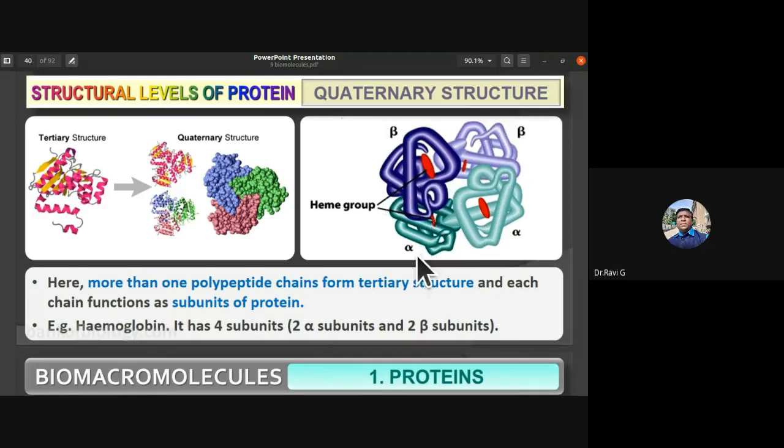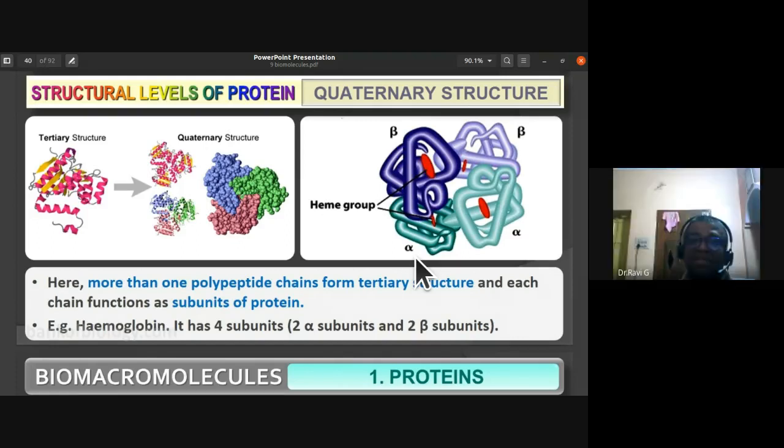They have four subunits, two alpha subunits and two beta subunits.